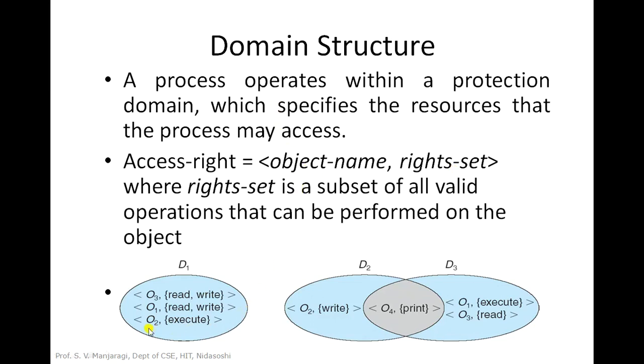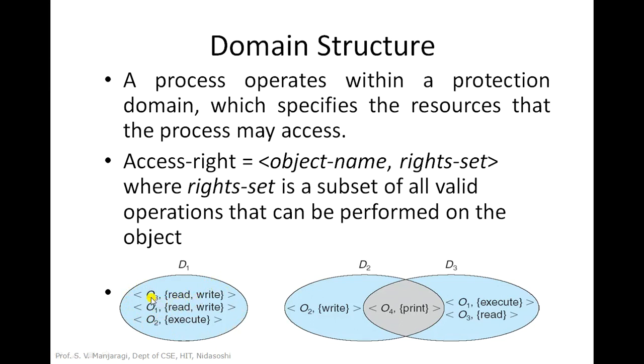For example, in this picture we can see there are three domains, indicated as domain D1, domain D2 and domain D3. In domain D1 there are different access rights defined for different objects. So a set of processes that exist in domain D1 can have access to these objects for different access rights.